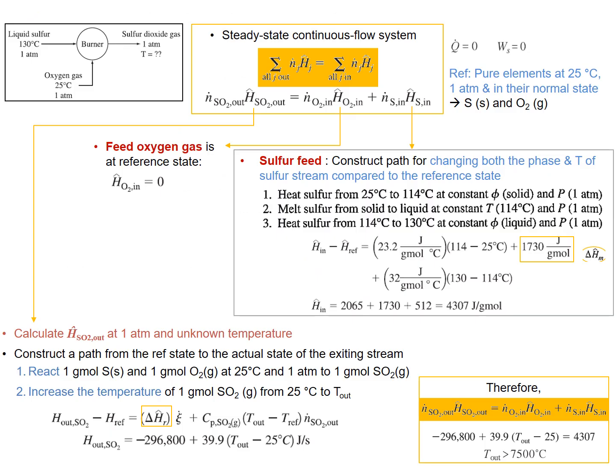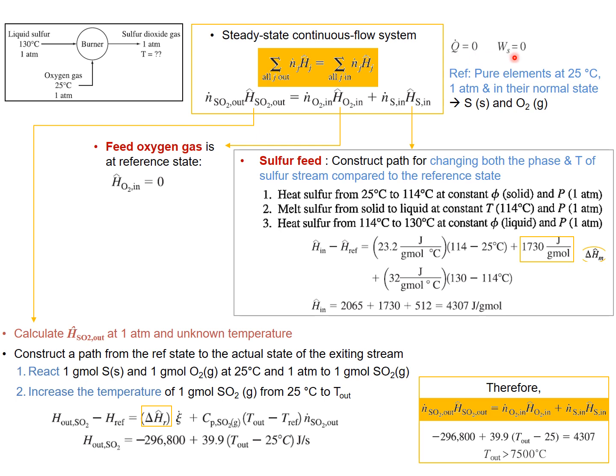Then it's time to go to the energy balance equations. This burner is operating as a steady state continuous flow system, so no accumulation. Also, it is a chemical process, not a mechanical process, so you can't neglect the kinetic and potential terms. Then Q is 0, since there are no comments about that in the problem statement.